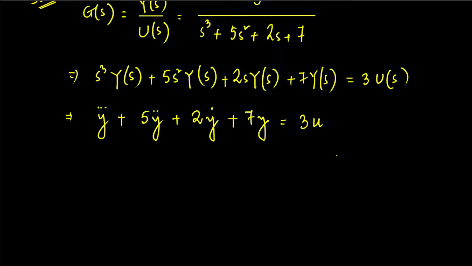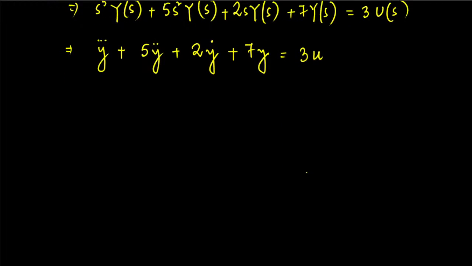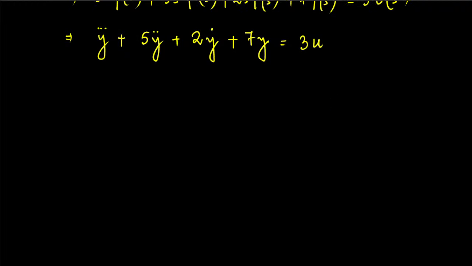Now once we have the differential equation describing the system, we can assume the state variables. Let me just define the variables. You know already u is the input, not a problem. We already know y is the output, that's also not a problem. And just define the state variables.